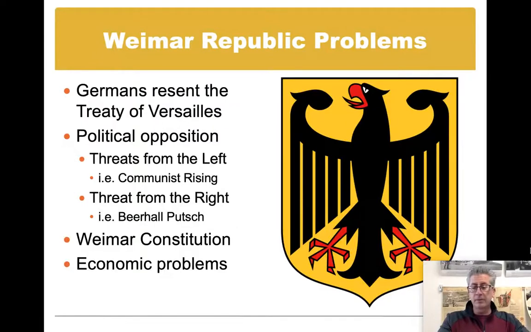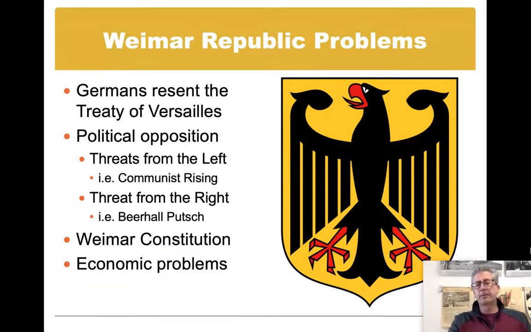Germany could not unite with Austria, and reparations were very punitive and will have an economic impact on Germany. And the German armed forces were greatly reduced, and historically, the armed forces have played a pretty significant role in Germany and the German Empire. So Germans, again, resented the Treaty of Versailles.